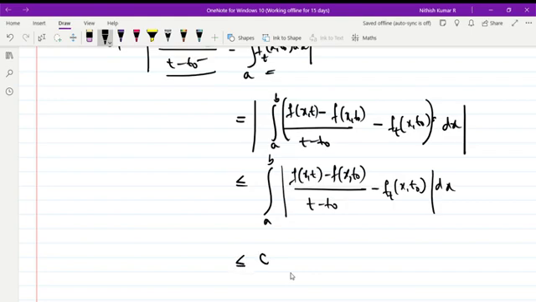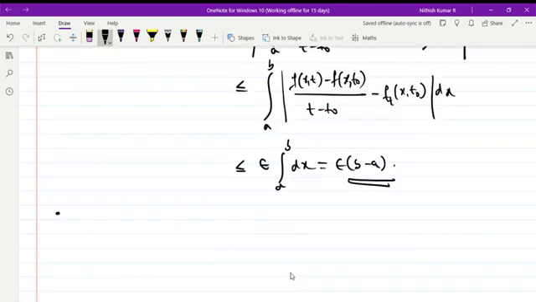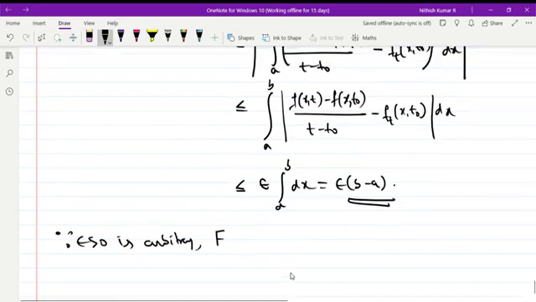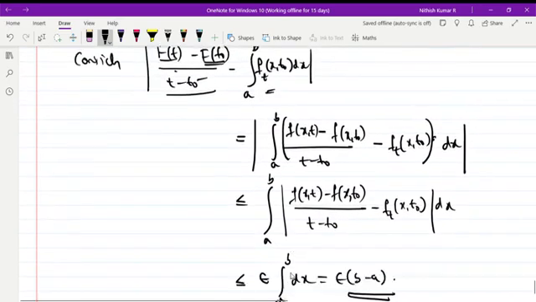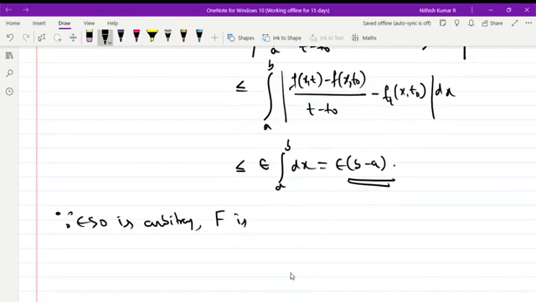Now this is less than epsilon, so it is less than or equal to epsilon into integration a to b dx, and this is nothing but epsilon into b minus a. Since epsilon greater than 0 is arbitrary, F is differentiable at t naught.